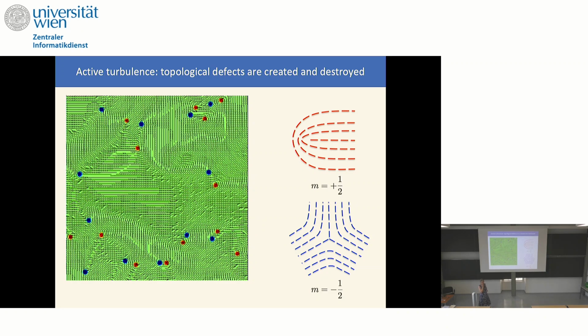Can you not have plus 1 or minus 1 defects? Yes, really, because the energy barrier is so much smaller. So they will appear before you can get enough energy to give you plus and minus ones. There are plus or minus ones even in various systems in nature, but not here.